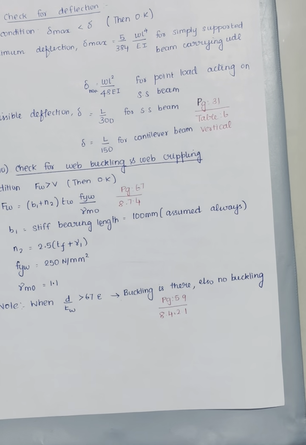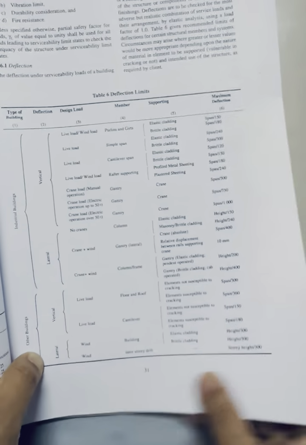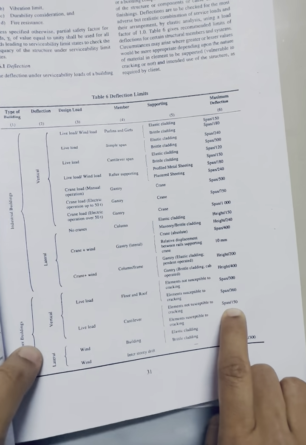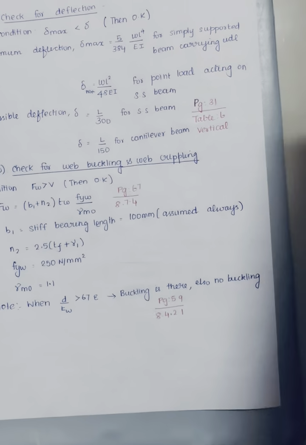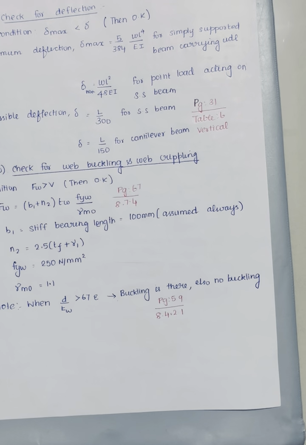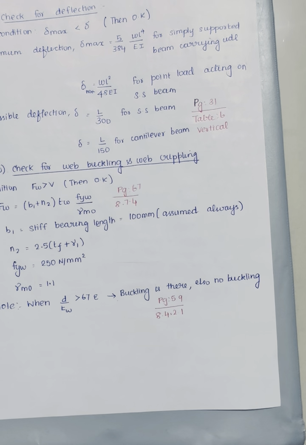So we have taken span by 300 for a simply supported beam. If it is for cantilever, then span by 150. But in our case, mostly it will be span by 300, simply supported only. So this will give you the permissible deflection. That will give you the maximum deflection. So with that we can do the check. If delta max is less than delta, then the section is safe for deflection.